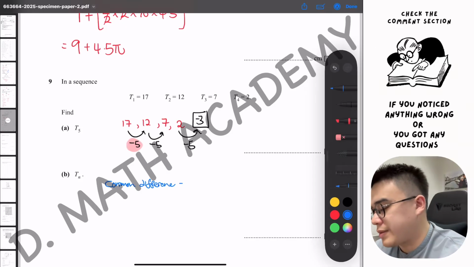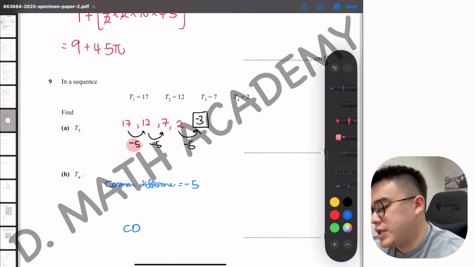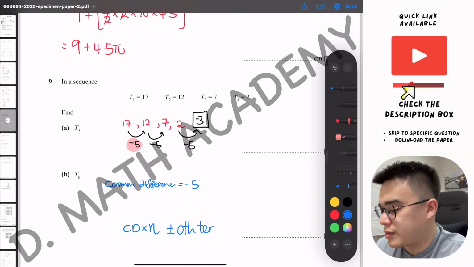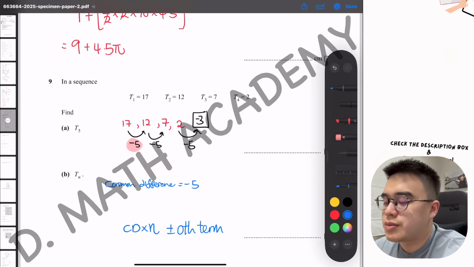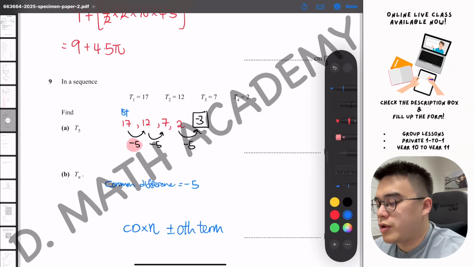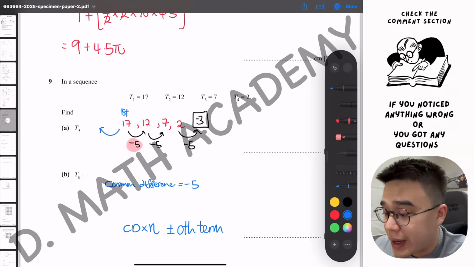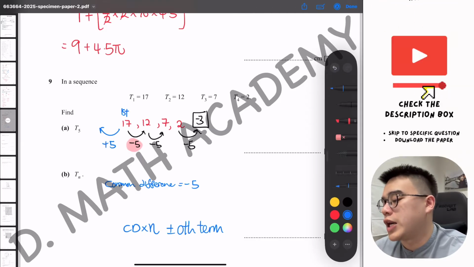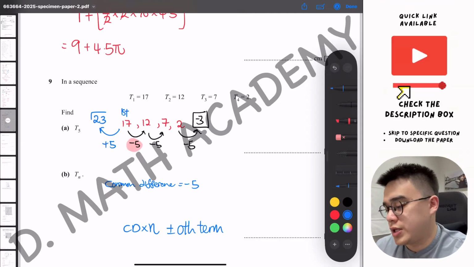CD will be multiplied by n plus minus the 0 term. The so-called 0 term is referring to the term before the first term of 17. When you're going the other way around, instead of continuing to minus 5, you're supposed to add the 5 back and make your answer 23.